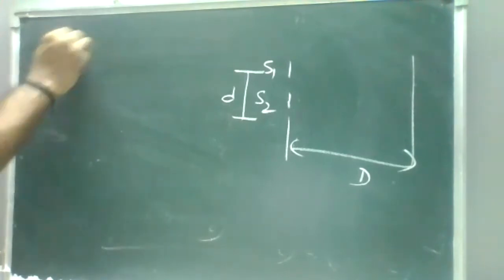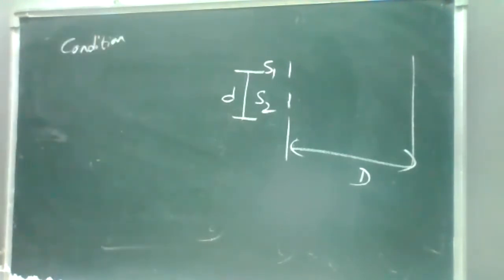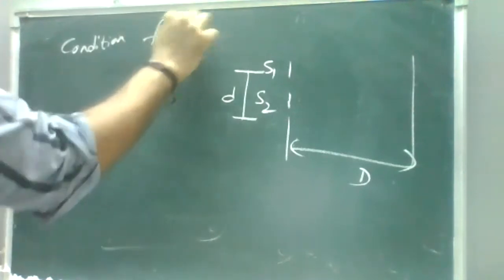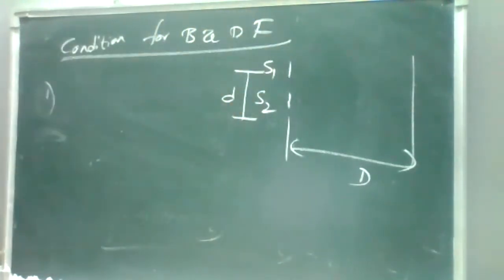Make a heading: condition for bright and dark fringe. The first one, bright fringe.